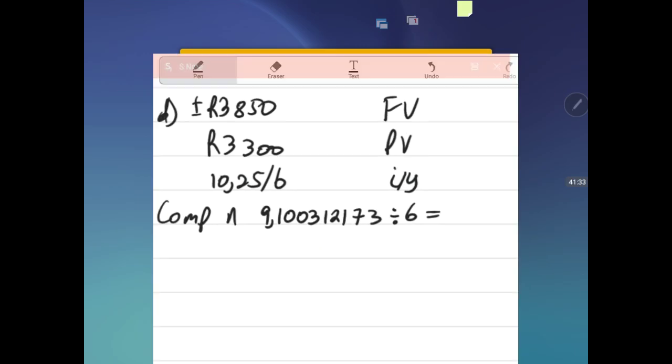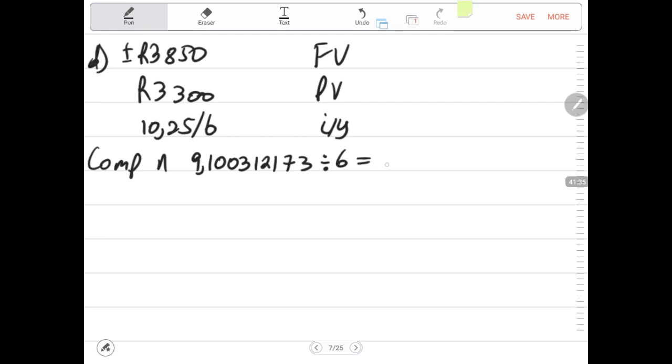That means we will then get the number of years. The number of years will be divided by 6, which is 1.5 6718. So now this is in years and not in months.